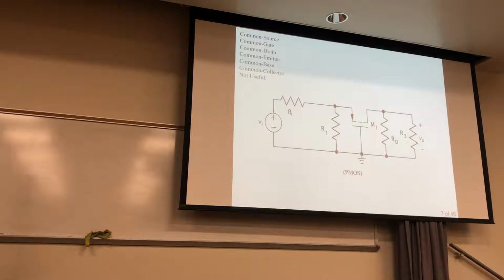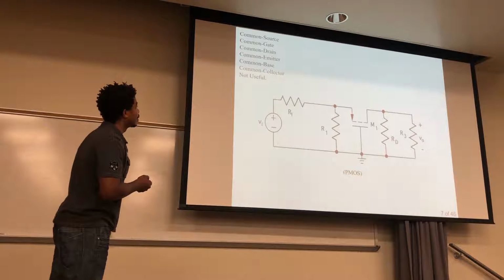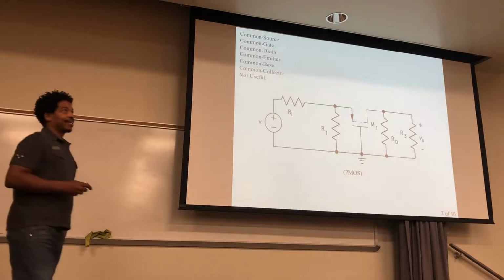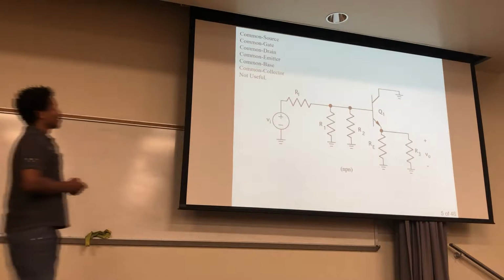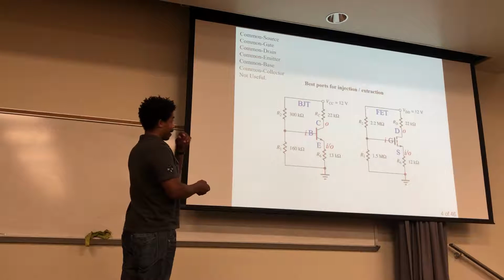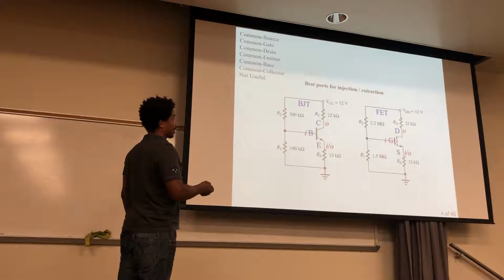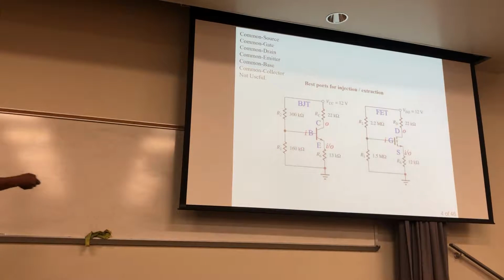It's not tied to the base, the input is not feeding to the base, or the gate. That is true, but that's not the only reason. Remember, having it go to the gate is good, but this right here is either or, and the same thing right here.